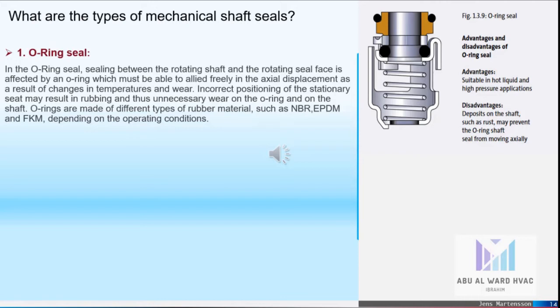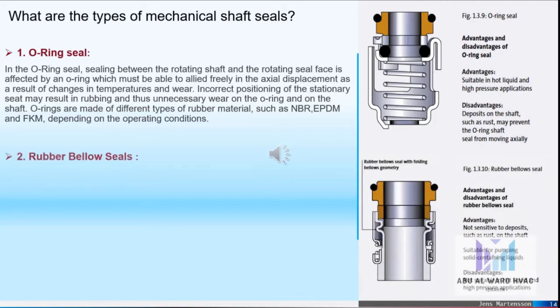Incorrect positioning of the stationary seat may result in rubbing and thus unnecessary wear on the O-ring and on the shaft. O-rings are made of different types of rubber material such as NBR, EPDM, and FKM depending on the operating conditions.